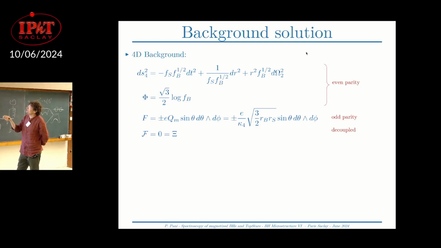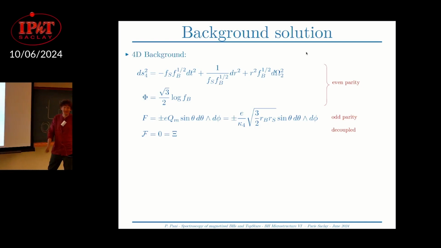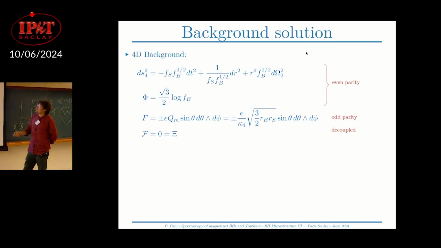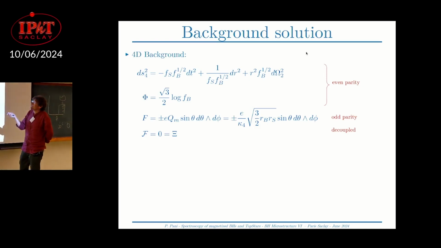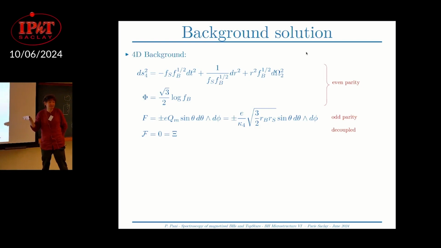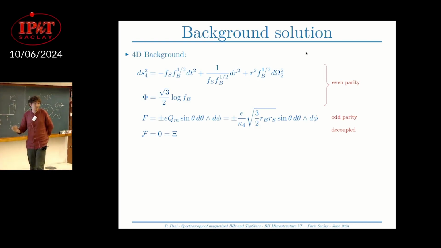In particular, this metric is easy to see to be singular at R equal to Rb, which is where the space-time ends in 5D. As expected, because the 5-dimensional solution is perfectly smooth and regular, what happens is that the dilaton is also diverging at the same point. So this divergence, in a sense, is just an artifact of the 4-dimensional reduction.